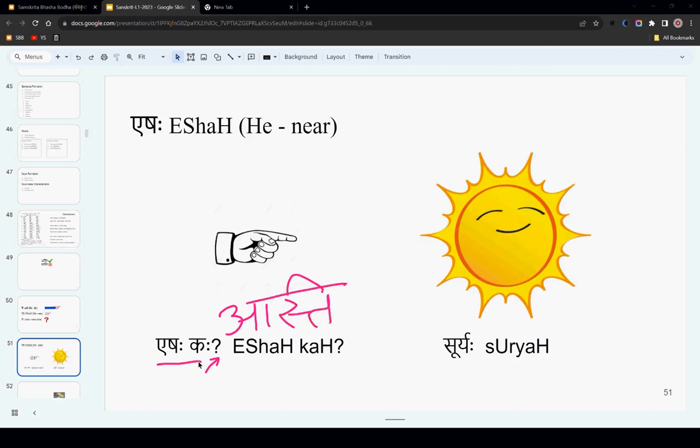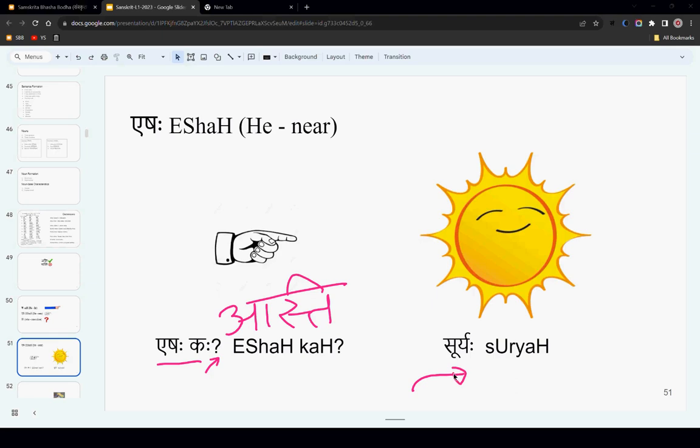This is a question, which means, who is this? Now this eshah kaha asti sentence appears to be complete. However, in Sanskritam, using asti is not necessary. Esha ka, that means asti is understood. Esha ka asti.